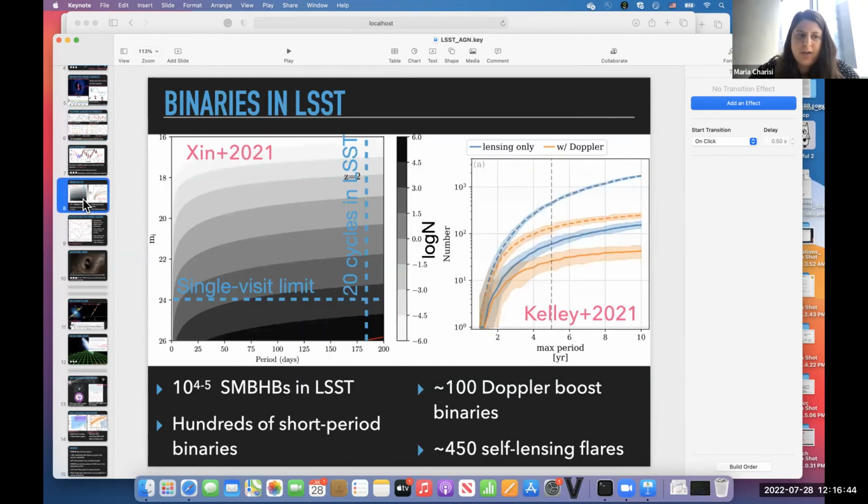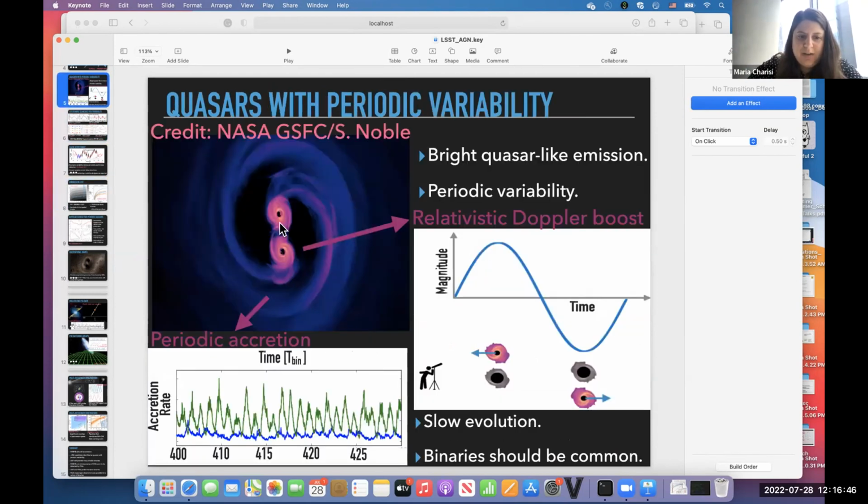So are you thinking of maybe these mini disks will be truncated? Exactly, yes. Would you see that in SED? So there are predictions of what you would see in quasar SED, but I would say the simulations have not converged to a single picture.